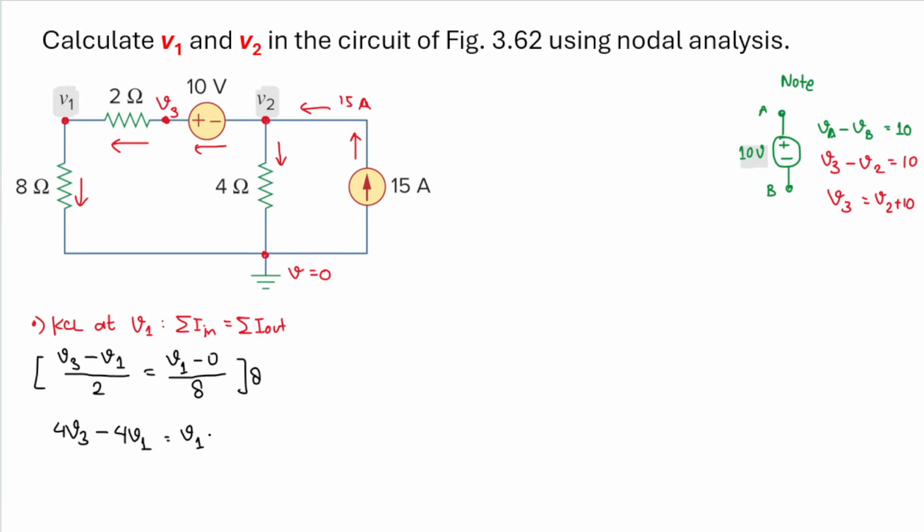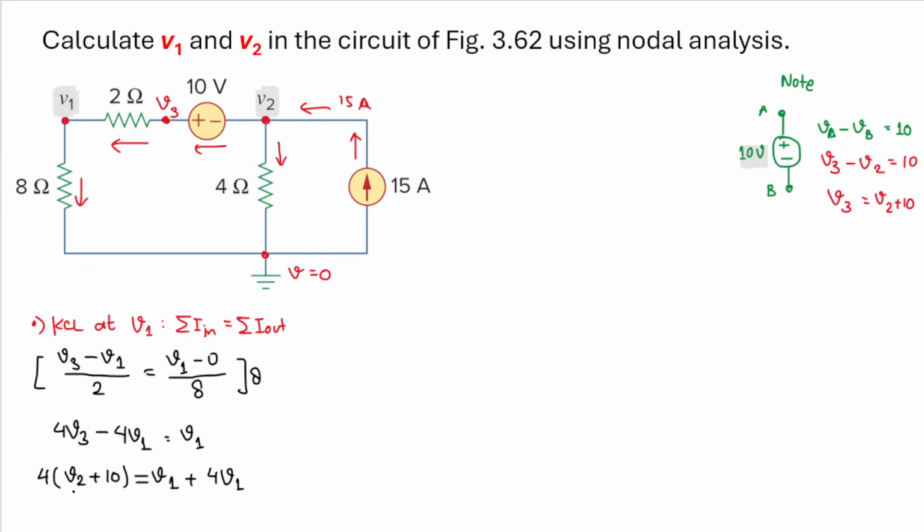Good. And now we have V3 here. Let's plug that in. V3 is V2 plus 10, so I will have 4 times V2 plus 10. Then let's move the 4V1 to the right-hand side, so it equals V1 plus 4V1.